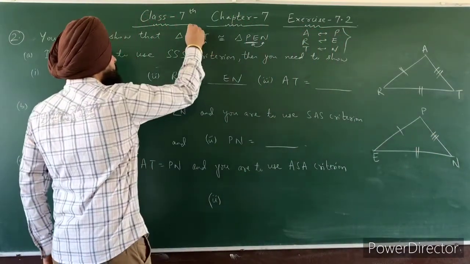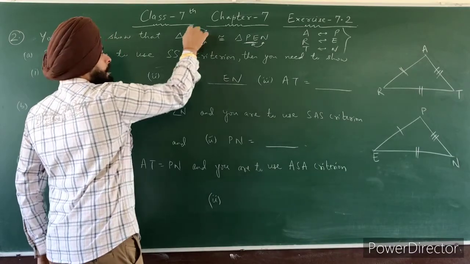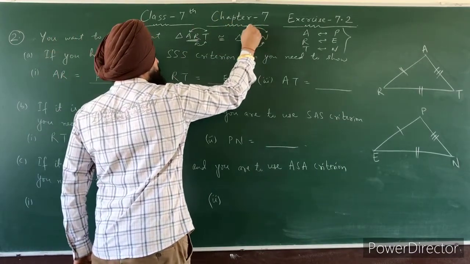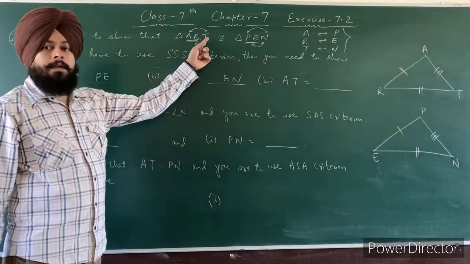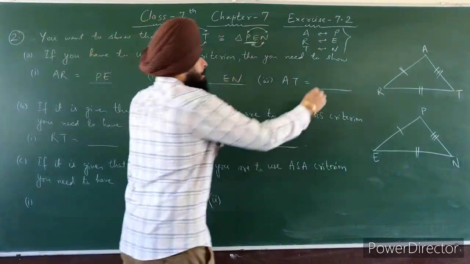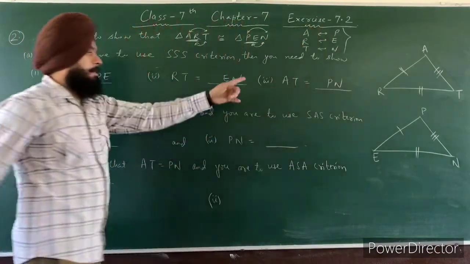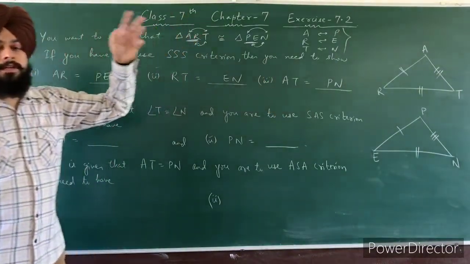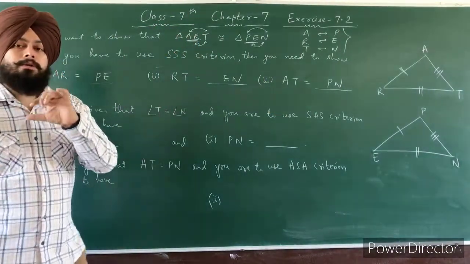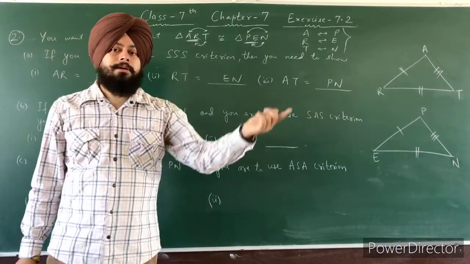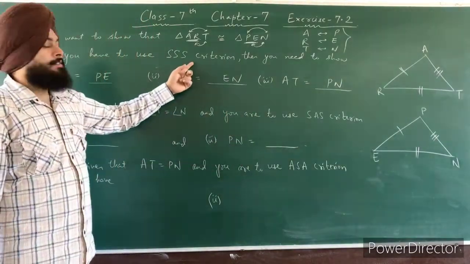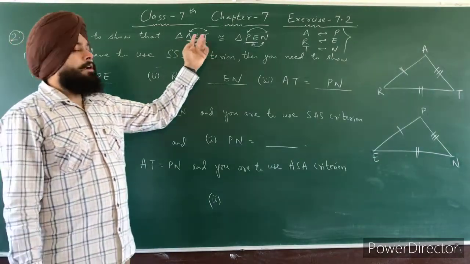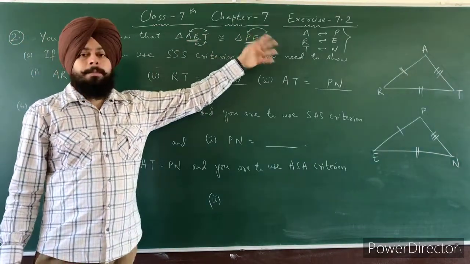PN. AT is equal to PN. So this is the third side, this is first, second and third. So all the three sides in one triangle are equal to the corresponding sides in the other triangle. So by SSS congruence rule, triangle ART is congruent to triangle PEN.